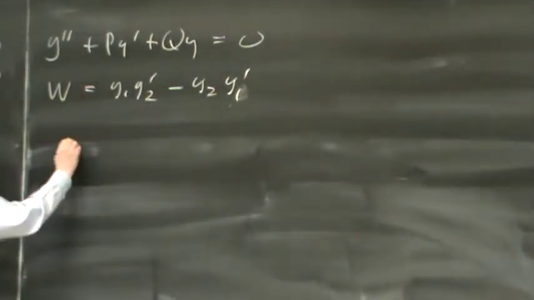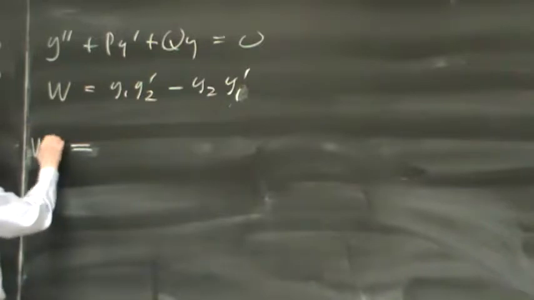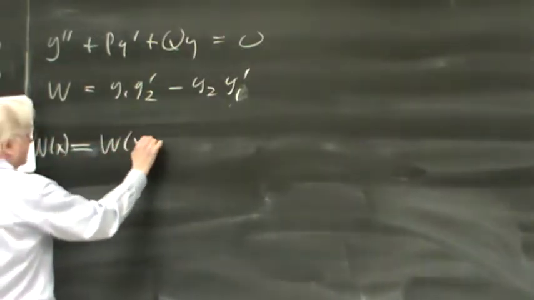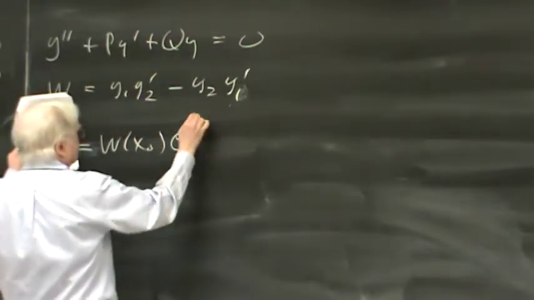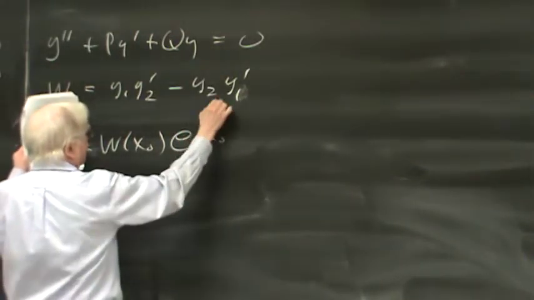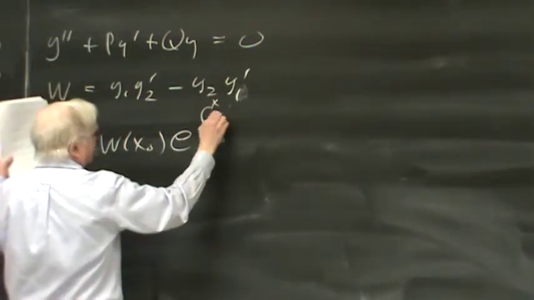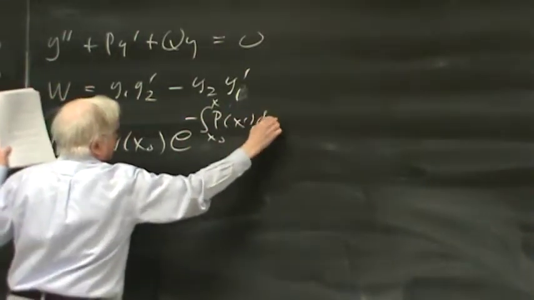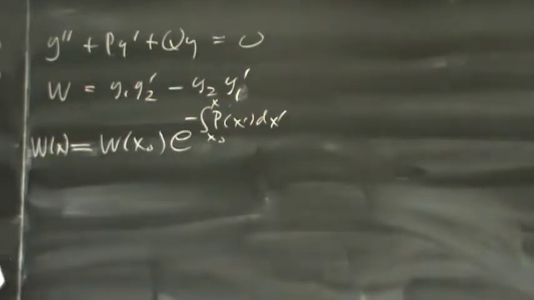And we saw that this wronskian was the wronskian at some point times an exponential from x0 to x of, let us say, minus P of x prime dx prime, where that's the P, capital P.